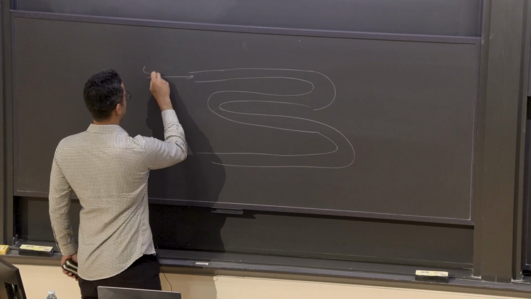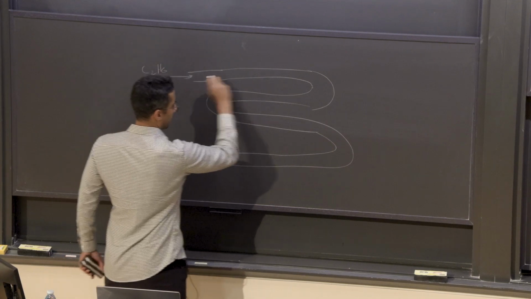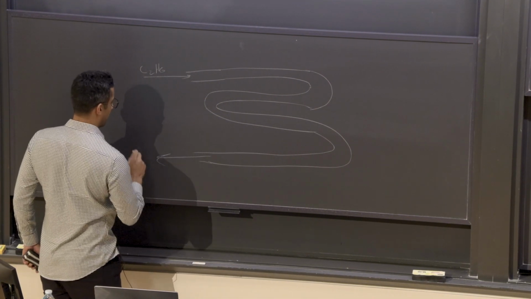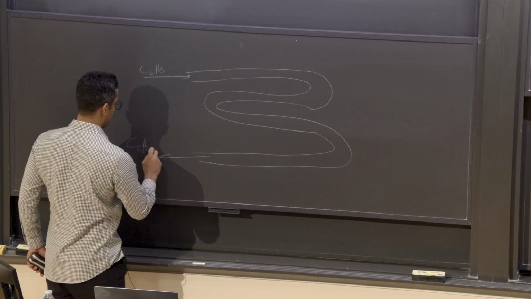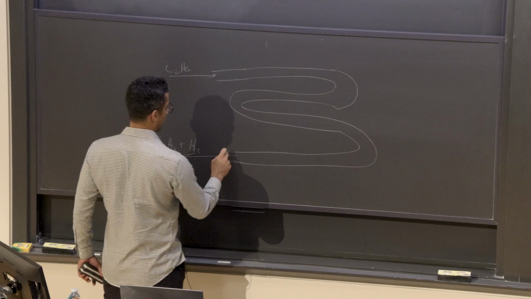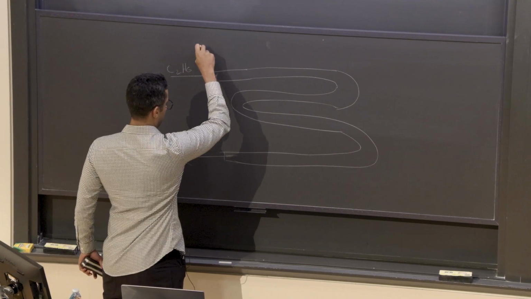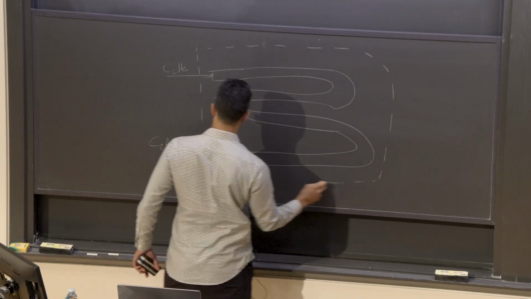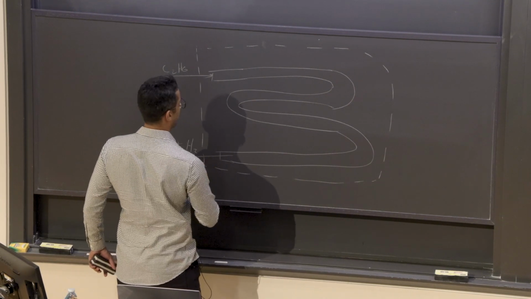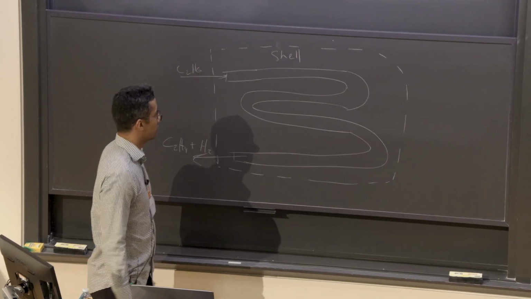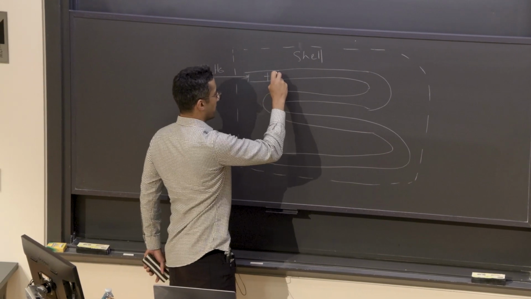You pass your gas, ethane, here. It enters this tube, goes through these different pathways, and then it comes out as ethylene plus hydrogen, and then some minor products as well. And then outside of this is a shell. This is the shell, this is the tube, okay?